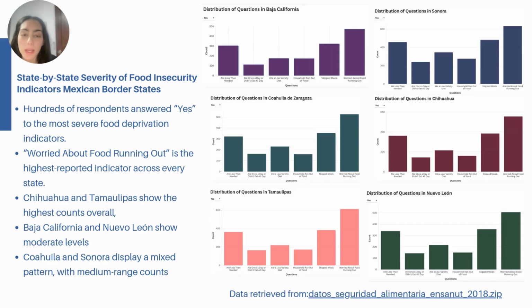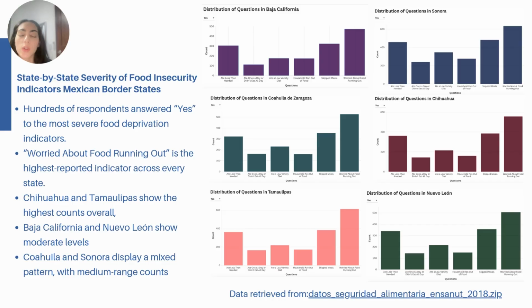When we look at the state by state food insecurity indicators in the Mexican border states, we see a clear pattern. The most severe experiences, like skipping meals, running out of food, or worrying about when the food would run out, are extremely common, especially in states like Chihuahua and Tamaulipas. Even the more economically developed states, like Baja California and Nuevo León, still show hundreds of people reporting serious hardship. Now, when we compare this to the US graph on the left, where higher poverty rates are strongly associated with limited grocery access, we start to see a shared story across the border.